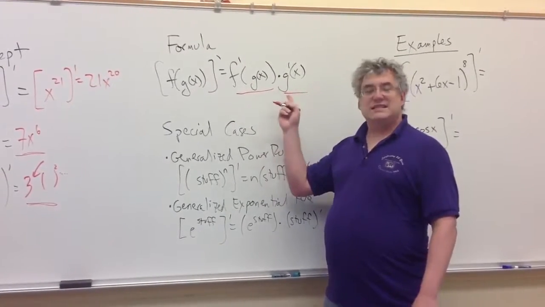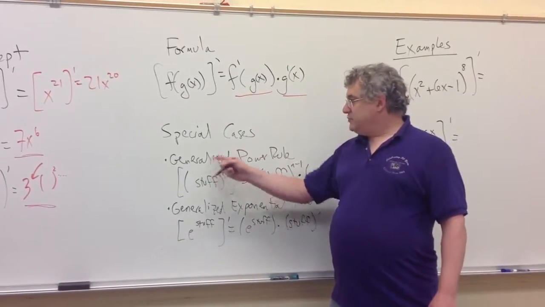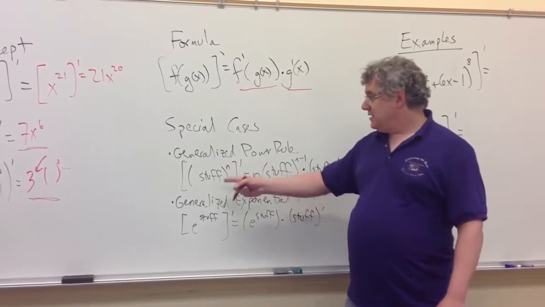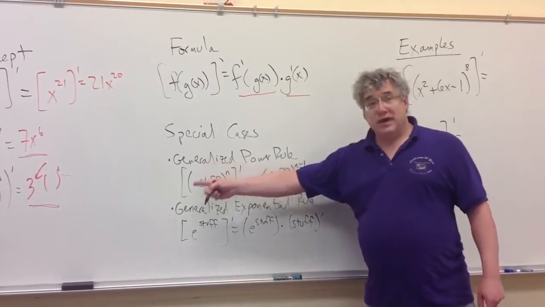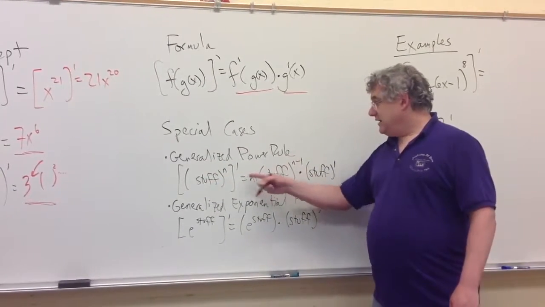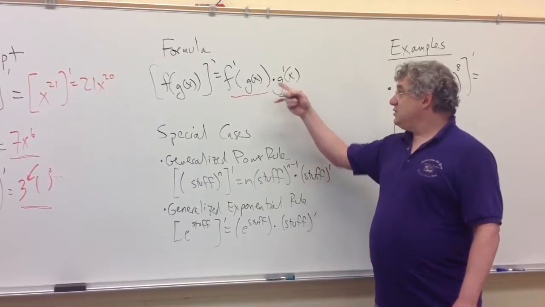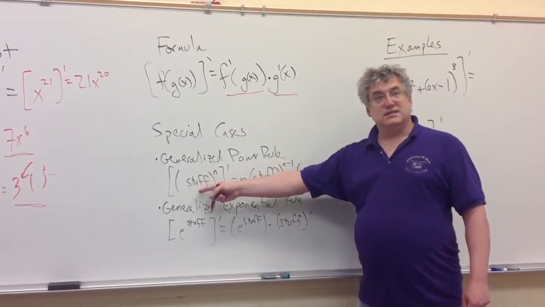Now, there are some cases that we've used in the past, like power rule and exponential rule, that we can now generalize to a chain case. So if I have something to the nth power, and I take the derivative, I pull the n down, just like that, and then it's the something to the n minus 1. But in this case also, we're going to multiply by the derivative of the thing inside.